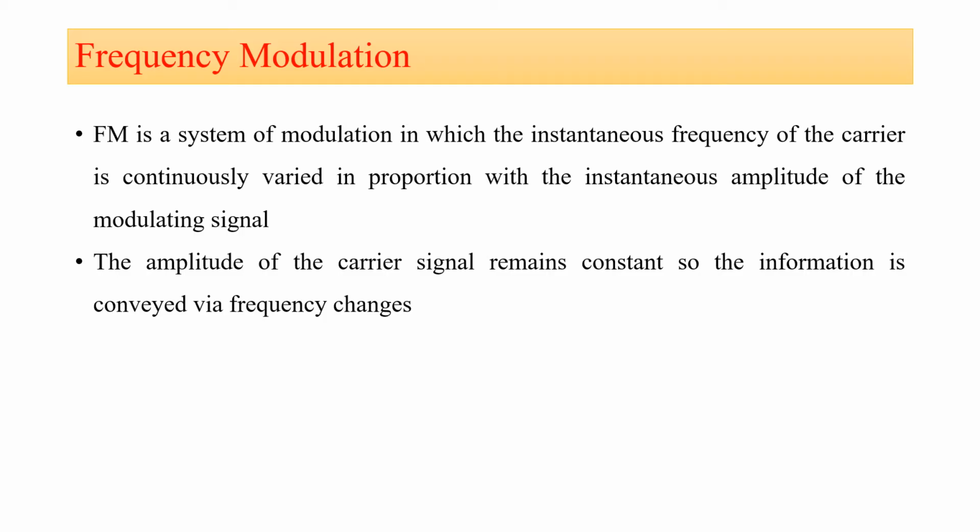Means here the frequency of the carrier signal will change in accordance with the instantaneous value of the modulating signal, and the amplitude of the carrier signal will remain constant, so the information is conveyed via the frequency changes. Means in frequency modulation, the remaining two parameters, that is amplitude and phase, will remain constant, only frequency will change, so the information will be conveyed from transmitter to receiver in the form of frequency changes, and this technique is nothing but the frequency modulation.